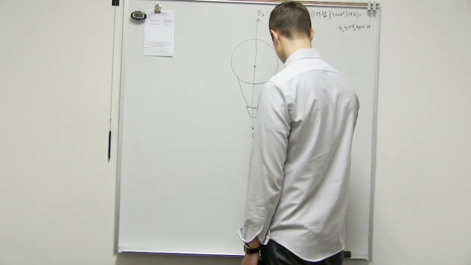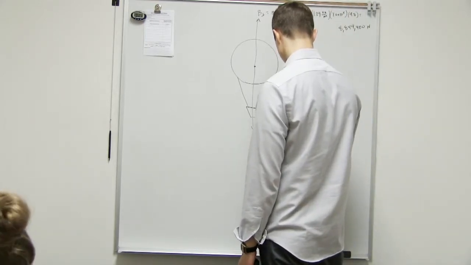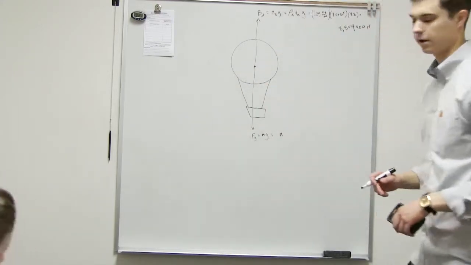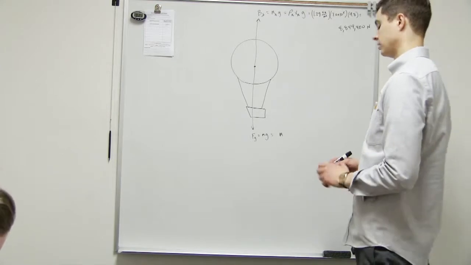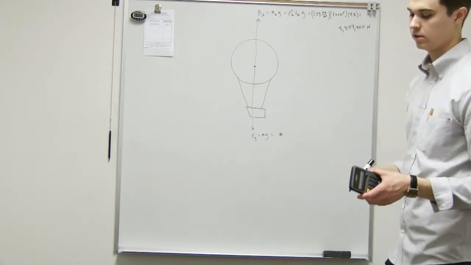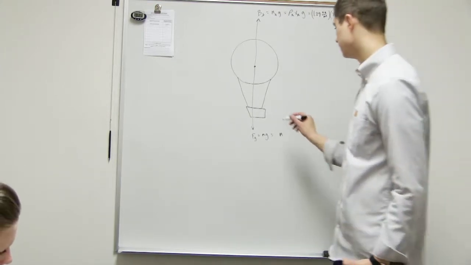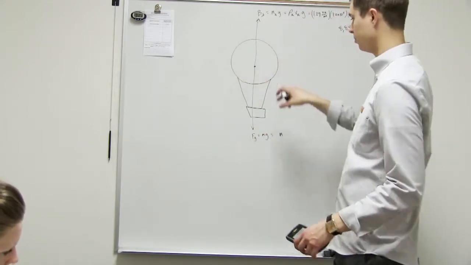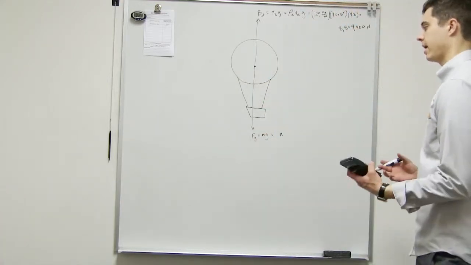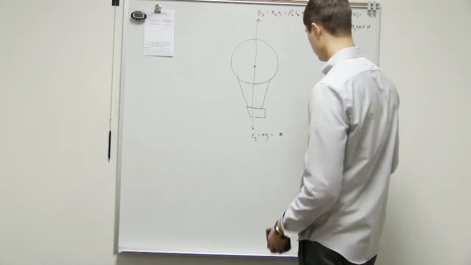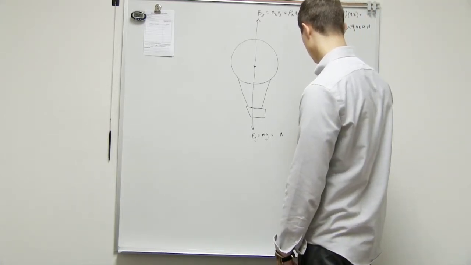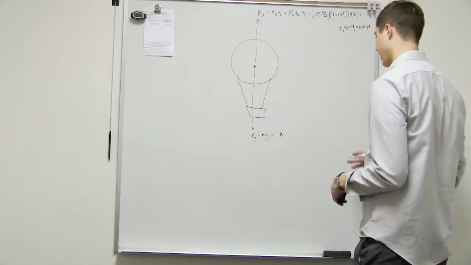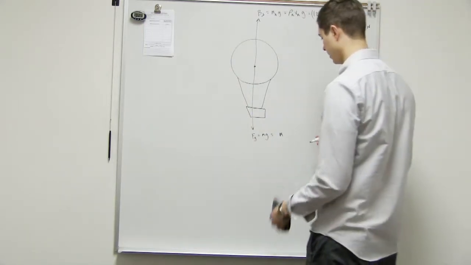So we've got mass. We don't know what the mass of everything is. And this is where I think I got confused the first time I worked through it. Because they give us a number for mass, but that's just the mass of the basket and the cargo and the shell of the balloon, but it's not including the mass of the hot air. So we're looking for the total mass of everything, cargo, basket, and hot air, everything combined.